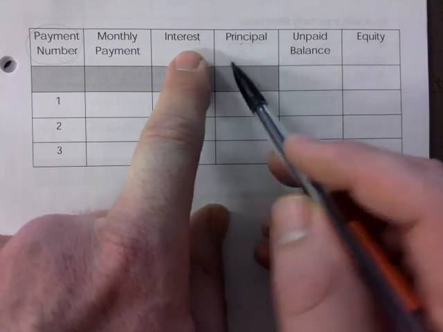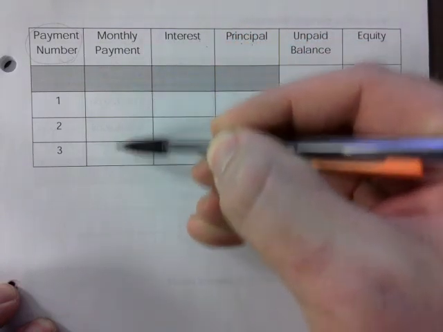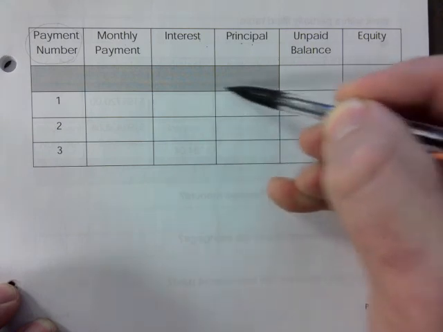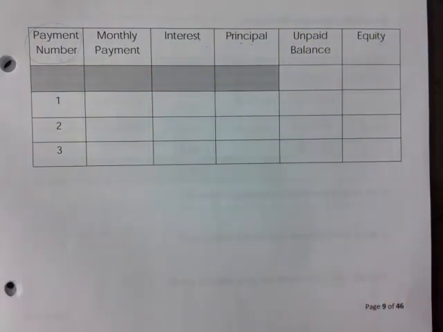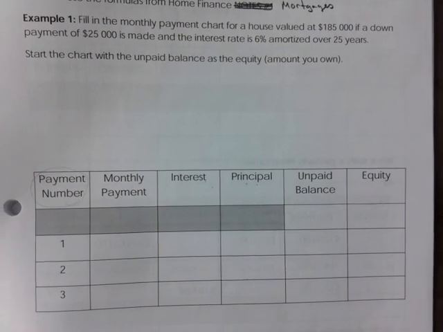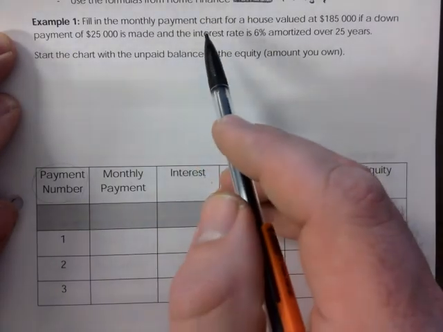Every single payment has those two in it every single time. You just don't see it because your statement will only show what your monthly payment is. But in the background, the interest portion and the principal portion change with every payment. After every payment, that changes slightly. Interest is what the bank makes. That's like the finance charge. So let's fill out one of these.